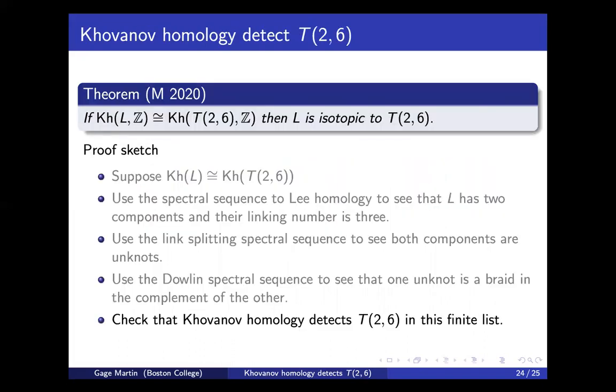And so our final step would just be computing the Khovanov homologies of the different links in this finite list, and seeing that Khovanov homology detects T(2,6) out of this list. So all of the links that aren't T(2,6) in this list have different Khovanov homologies. So our link L that we started with, that has an isomorphic Khovanov homology to T(2,6) and was in this list, has to be T(2,6). So now we've shown that Khovanov homology detects the link T(2,6).